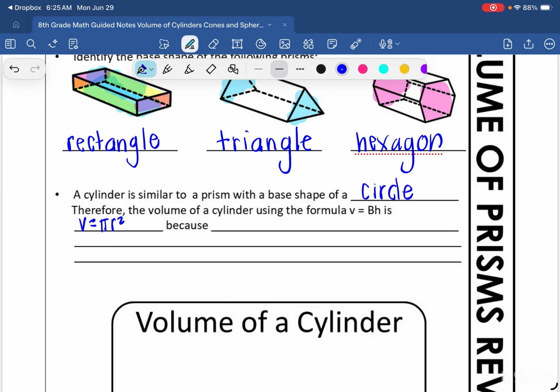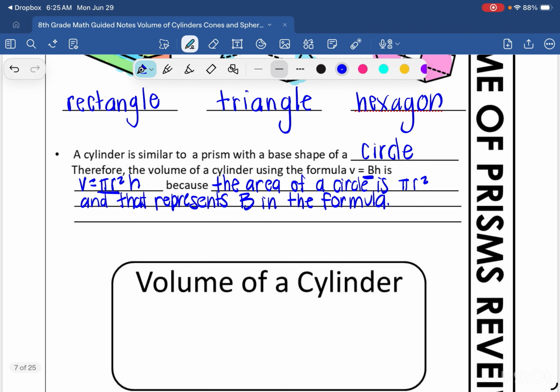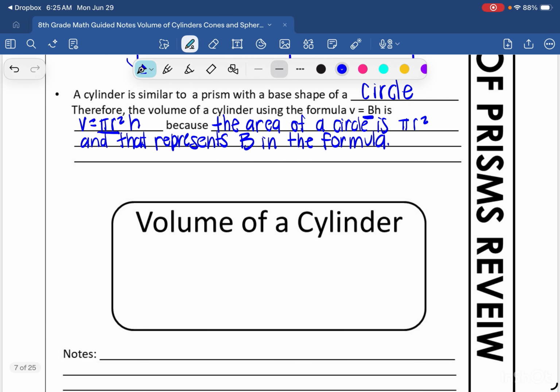That's where capital B comes in, the area of the circle, times h, which is the distance between them. The volume of a cylinder is V equals pi r squared h.